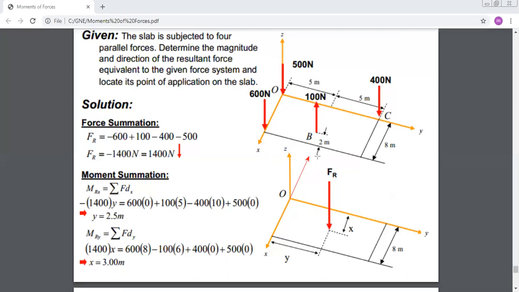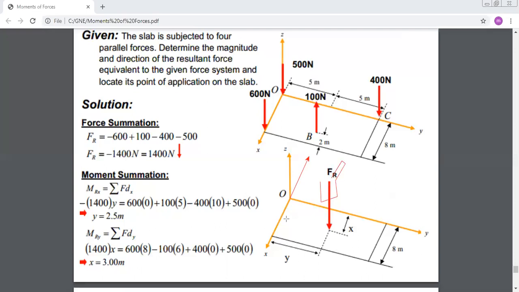So first, I should move my force in which direction? I should move it in a way to create a moment in the negative direction. So if you try your right hand rule, if you move F in this direction, then if you take your right hand and put your thumb, it will be directed towards the negative x direction.